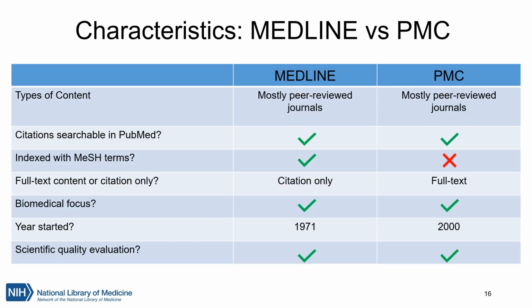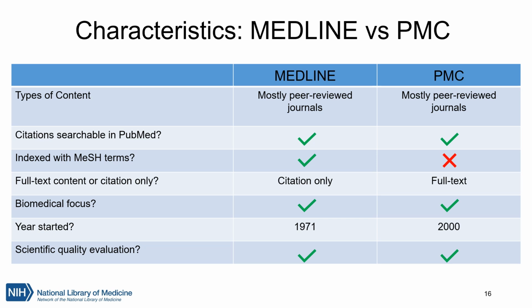At this point, you may be asking why NLM has two separate journal databases. Medline and PMC have distinct purposes and characteristics, some of which are shown here on this table. Both databases contain peer-reviewed journal literature, and their citations are searchable in PubMed.